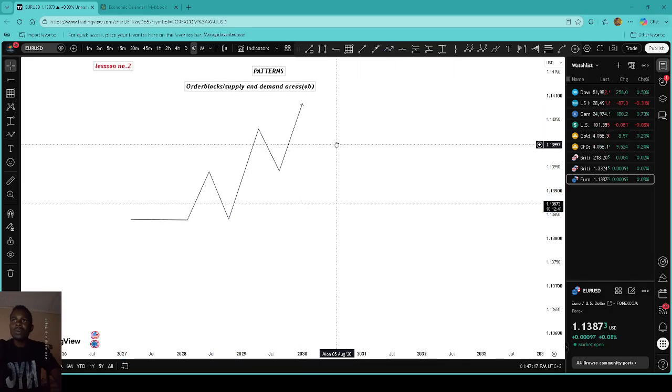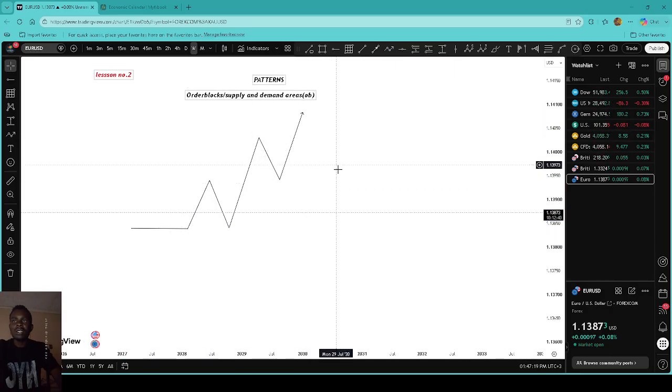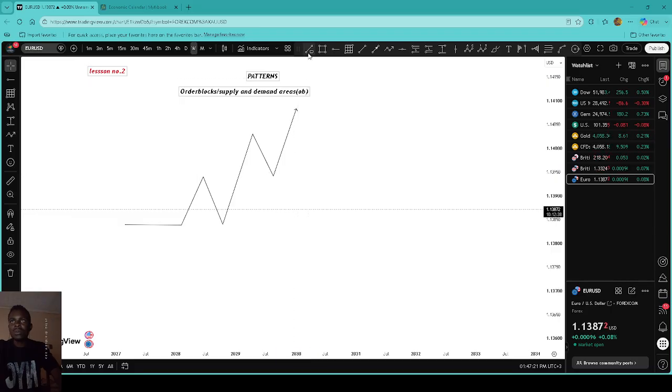For example, we have this type of a trend. So it's a bullish trend because, as we were talking on our lesson number 1, we start with a low, a high, and then a higher low, a higher high, a higher low, a higher high.